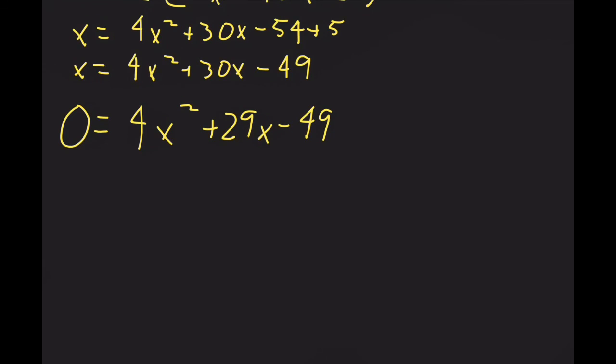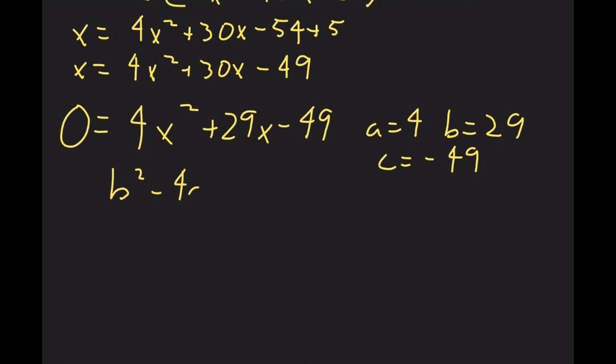Now we have a equals 4, b equals 29, and c equals negative 49. Now we can plug them into b squared minus 4ac.